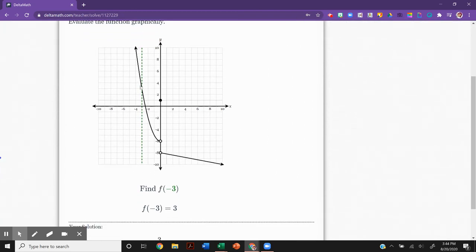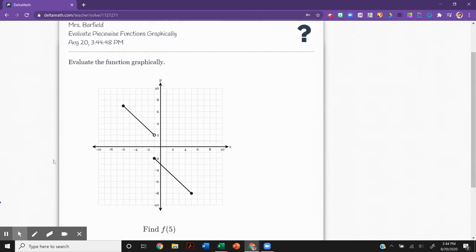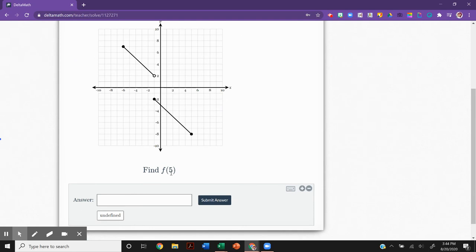You notice too, the other way you could look at it is he drew a vertical line, and then he's just finding where it intersects. So that's one way you can think about it: if I draw a vertical line right where they tell me to, where does it cross? Let me approach it that way when I explain the next problem. So here's our picture. I want f of 5.